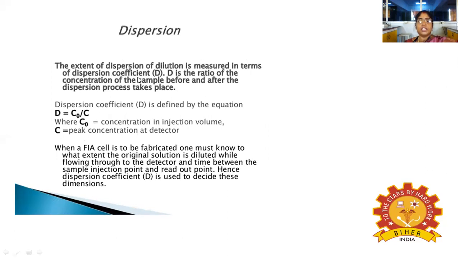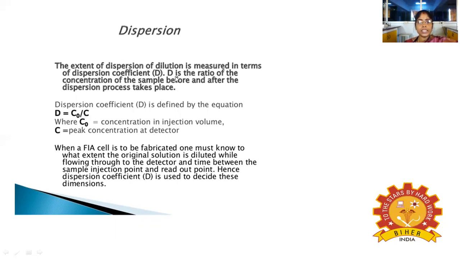Here the dispersion coefficient can be used as a measurement term, which is defined as a ratio of the concentration of your sample before mixing, divided by the peak concentration after mixing, at the time of entrance into the detector.